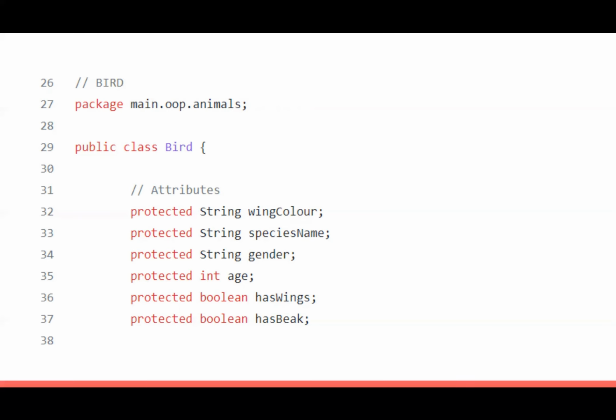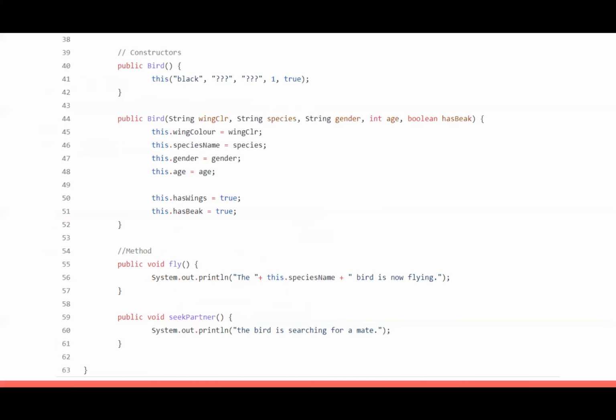The functions of the bird class are also inherited by the duck class. The fly method, for example, can be inherited by the duck class and modified to the correct name of the species. While the model does not present that the duck has the same attributes as the bird object, the relationship between the bird and duck represents the concept of inheritance, where once again, the duck class inherits these attributes from the bird class.